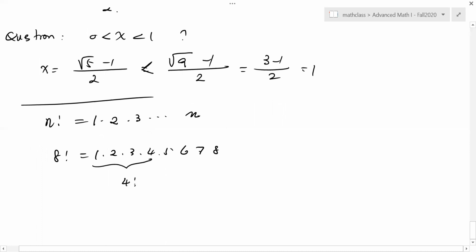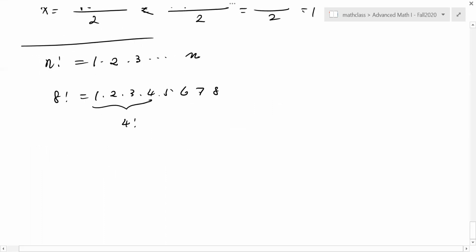This is 4 factorial. Okay? So when you simplify like 8 factorial over 4 factorial, first of all, you should write 8 factorial as 4 factorial and 5, 6, 7, 8, divided by 4 factorial. So this cancels out.